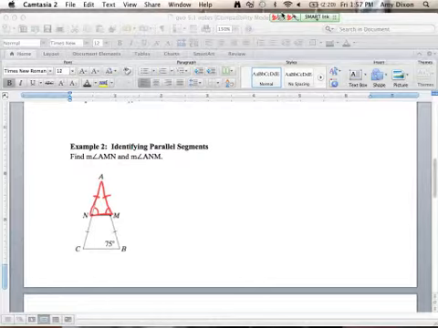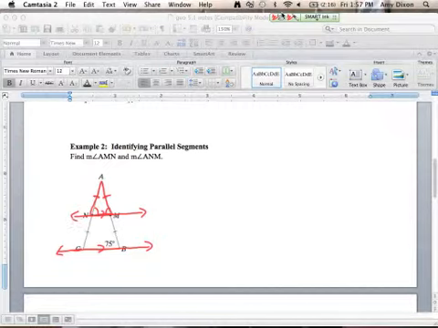But what we need to do is use the fact that these are parallel, because NM is a midsegment of this triangle, which means it's parallel to the third side. So we create parallel lines, and pretty much always when you have parallel lines, you need to look for angle pairs. Here's a transversal. I'm going to draw the transversal in a different color.